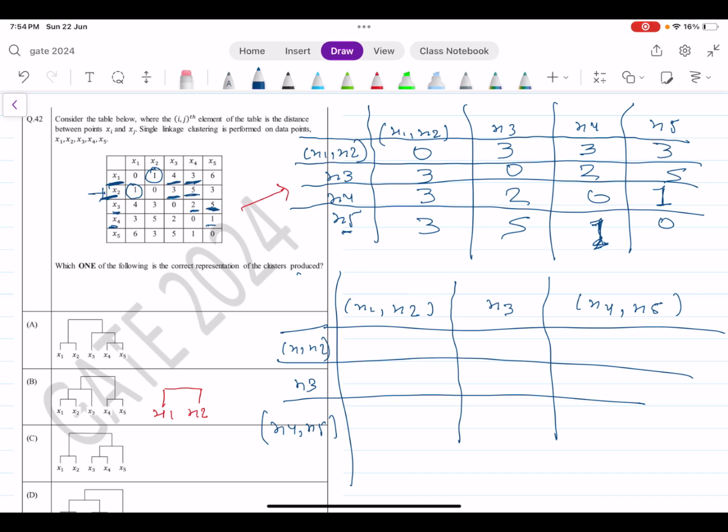Then again we'll recalibrate the distance, so this will obviously be 0. These distances will remain the same.